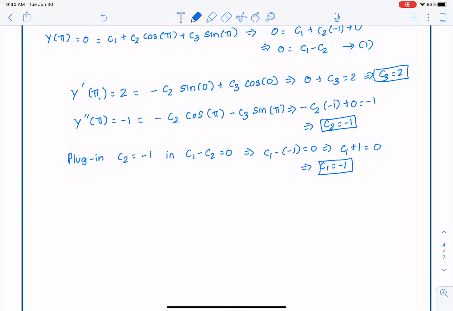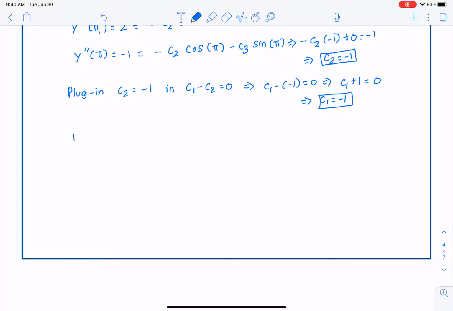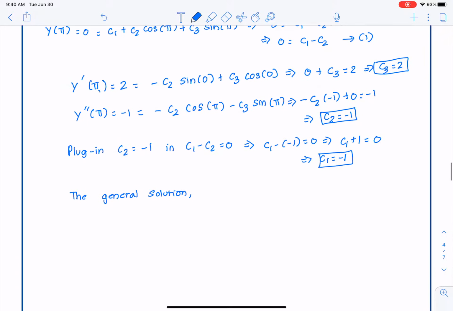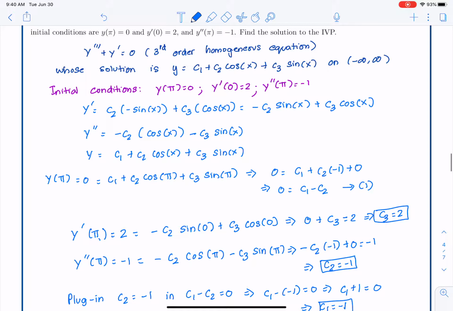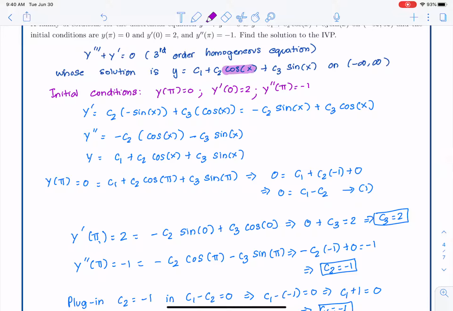So we found the three constants. So the general solution, I'm calling it the general solution because each of these are linearly independent. So the constant is independent from cosine of x and sine of x. They're all linearly independent. They form a fundamental set. So fundamental set of solutions, when you put it as a linear combination, would give you the general solution.